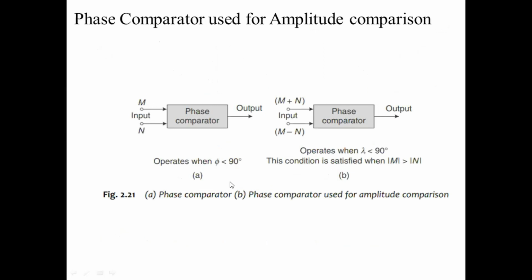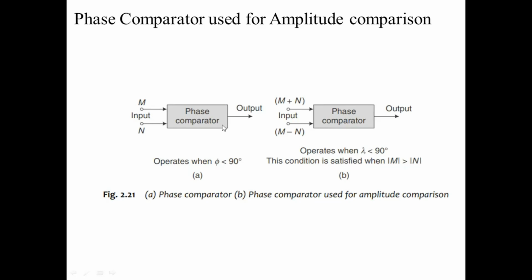And then the second one, the duality: the first is an amplitude comparator used for phase comparison, and the second one is a phase comparator used for amplitude comparison. Same block, but the diagram changes. In figure A, it is your phase comparator, the first block diagram.